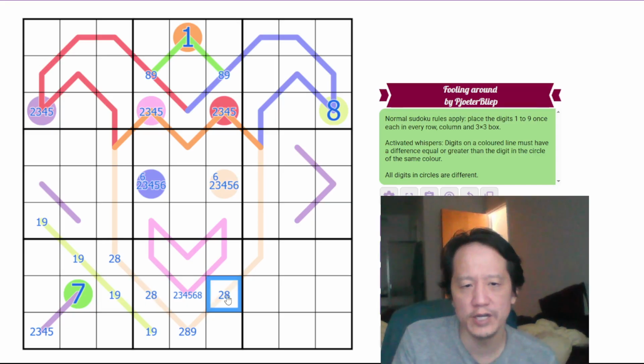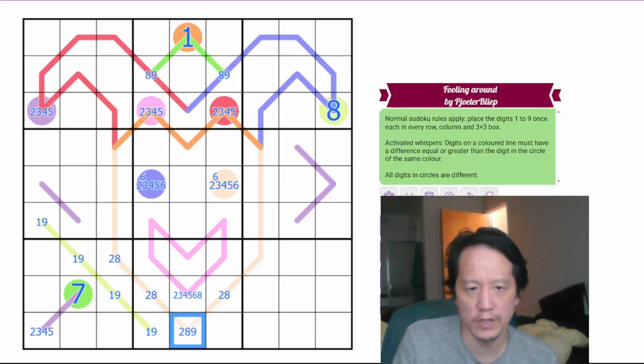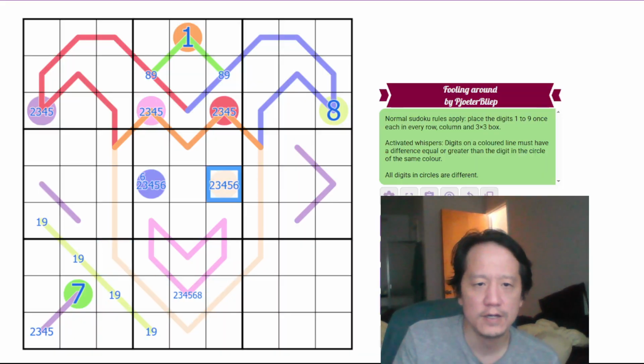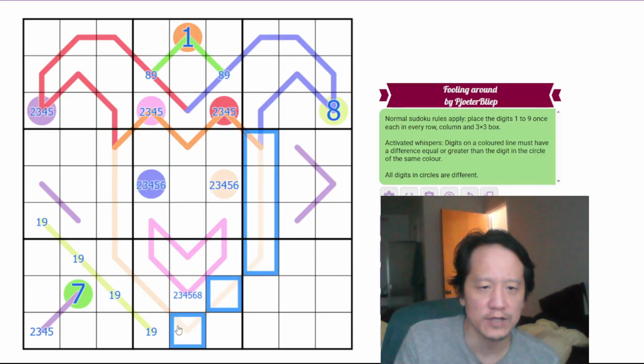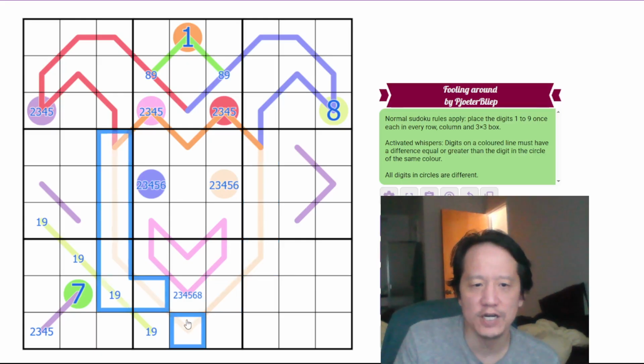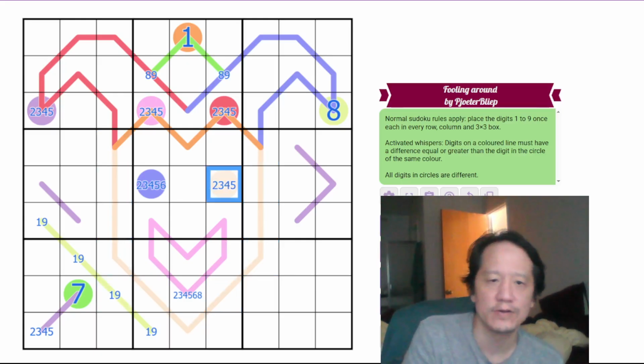So this is 2, 8 at most, which means these would both be 6 away from this digit, which is not possible. So we've shown then that tan, or whatever this color is, flesh color, cannot be 6 either. So 6 has to be the blue.